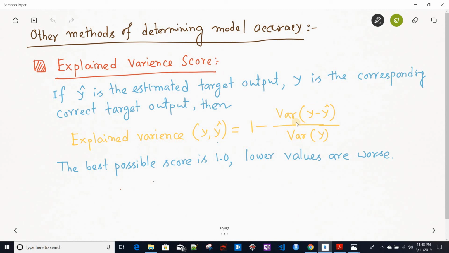This is called the explained variance score. The maximum possible score is 1, as you have seen over here. This term cannot be greater than 1. The closer it is to 1, the better the model is. So when my explained variance score is very close to 1, I can say the model is performing better.